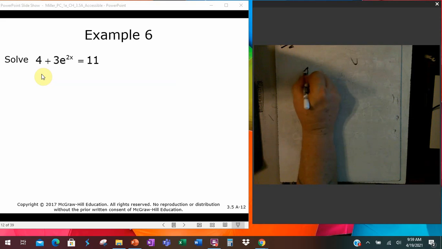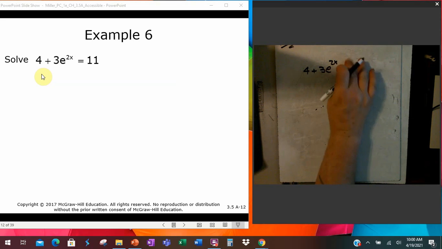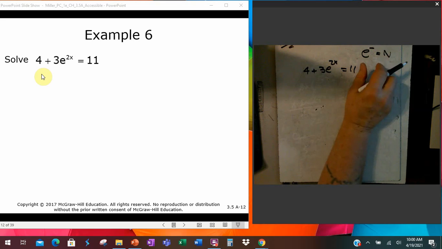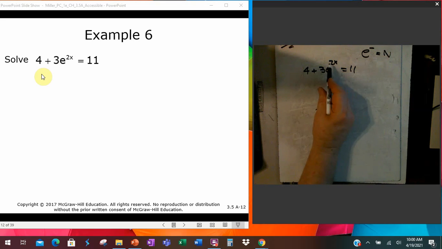So 4 plus 3e to the 2x is equal to 11. And what I want is just e to some number. E to some expression is equal to a number, I take the natural log of both sides, get that 2x out front, and just solve for x, because I want to know x, not 2x.